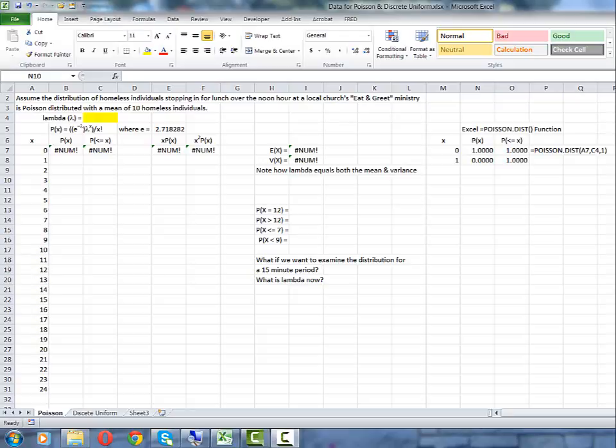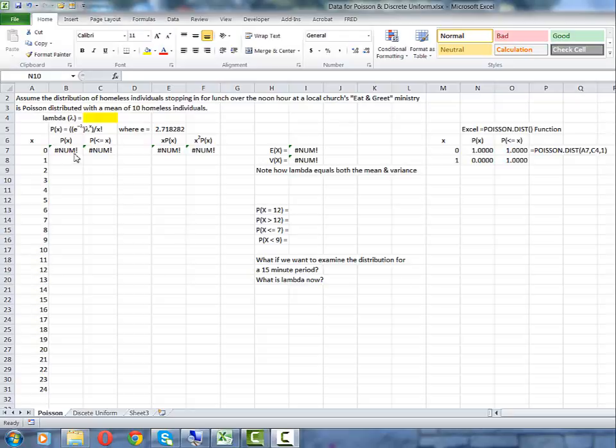So we need to know the mean, the average number of occurrences over a given time period, and that's what we call lambda. That's the mean of the Poisson distribution, and if we know that, we can construct a probability distribution.